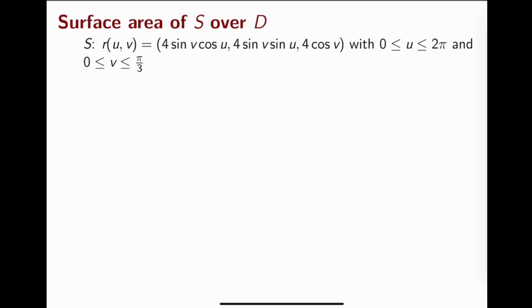Well, in order to calculate the surface area, as before, we need to start by calculating the vectors RU and RV. So the vector RU will be the derivative of each component here with respect to u.